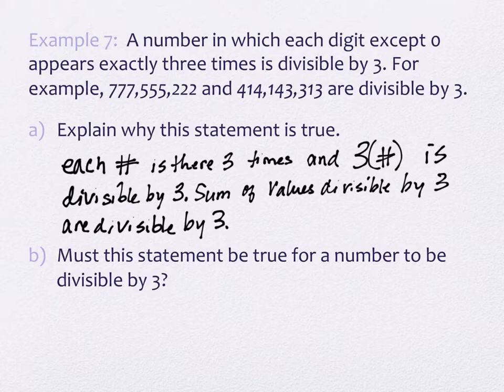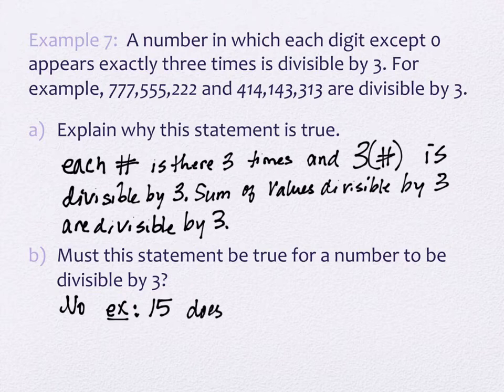Part B asks the question in the other order. Must this statement be true in order for a number to be divisible by 3? No. Can you give me a counterexample? 15. Right. The number 15 itself does not have any duplicates of anything, right? 15 doesn't have this structure, we'll say.